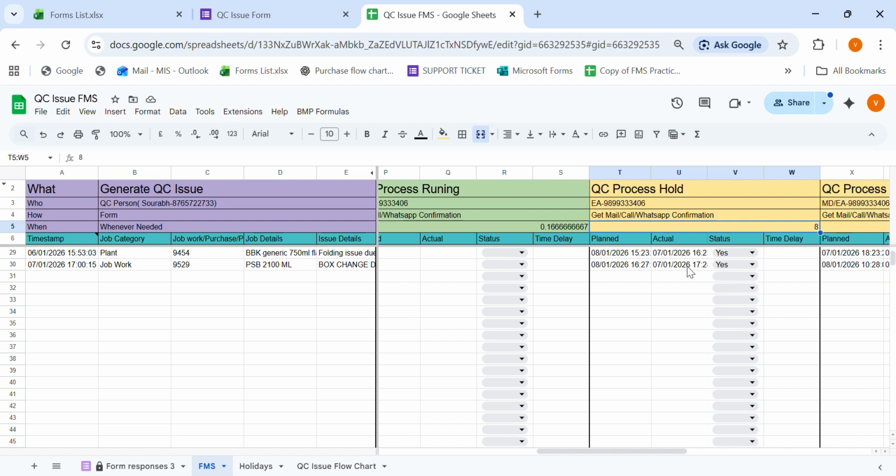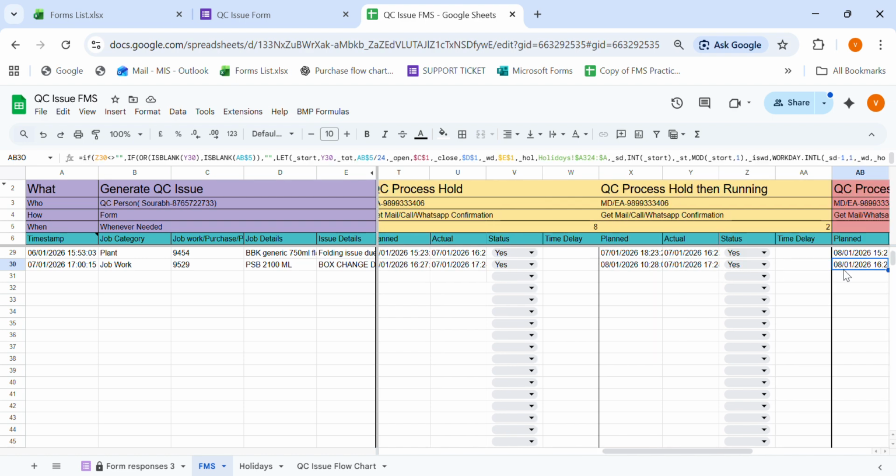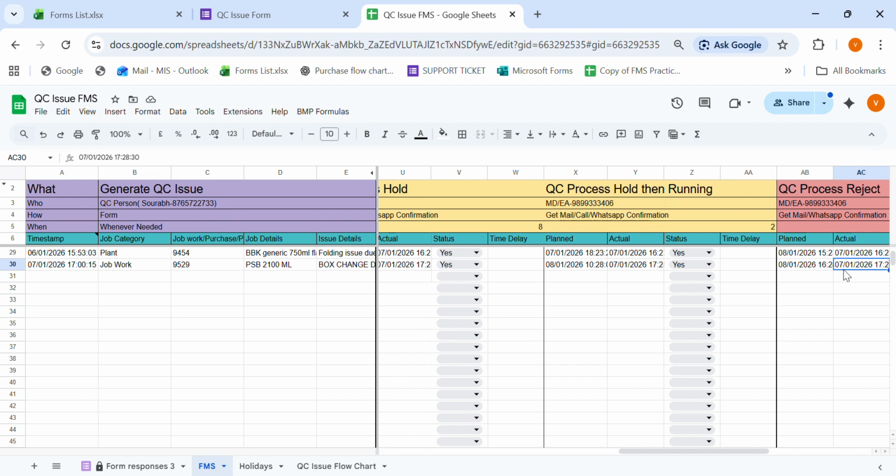The action taken is whether this job is running or not. If running, then the hold status is yes, and the further step goes as running status yes, then running, and the next step follows from hold then running process.